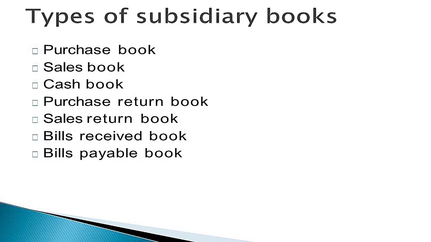The subsidiary books are eight: purchase book, sales book, purchase return book, sales return book, bills receivable book, bills payable book, cash book, and journal proper. Journal proper is for entries not written in any of the other books.